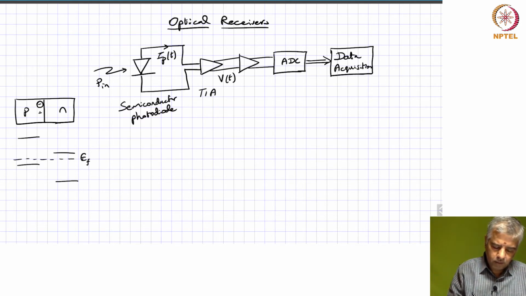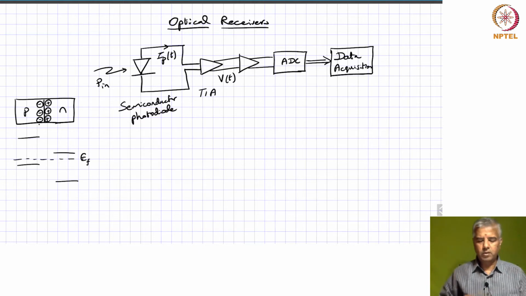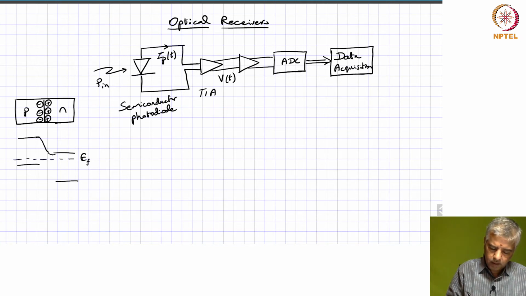So these are negative charges on this side and positive charges on the other side, and that is what we call the depletion layer. It's depleted of mobile carriers.